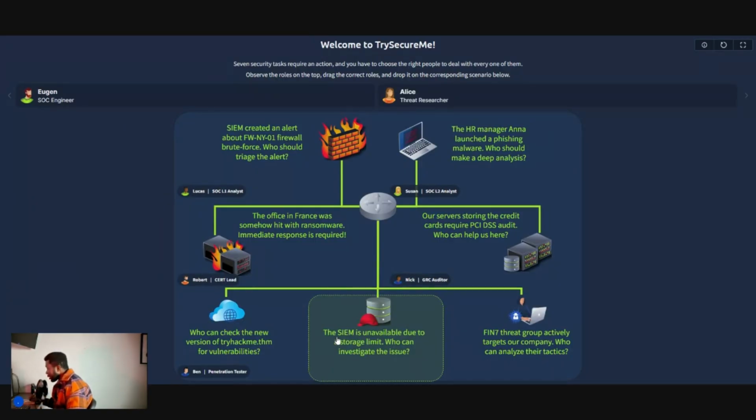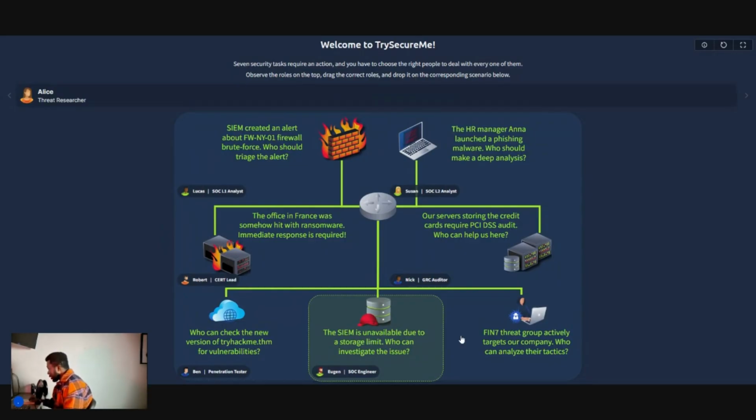And here, SIEM is a tool that is used by the SOC analysts to undertake their activities against cyber attack. And since it is saying the SIEM is unavailable due to storage limit, who can investigate the issue? We are going to bring the SOC engineer here because that is his role.